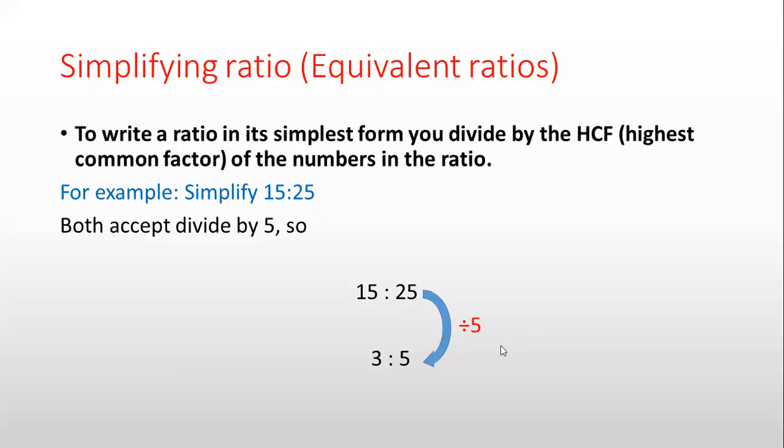So I will search for a number I can divide both numbers by. So I will divide by 5. 15 divided by 5 is 3. 25 divided by 5 equals 5. So this is the simplest form of the ratio.